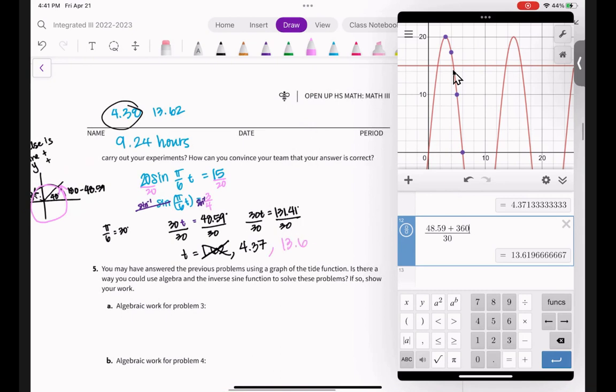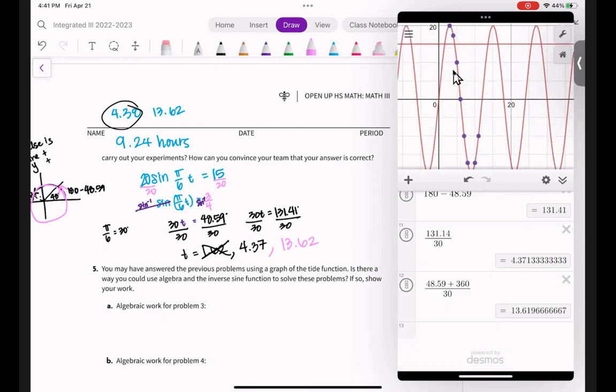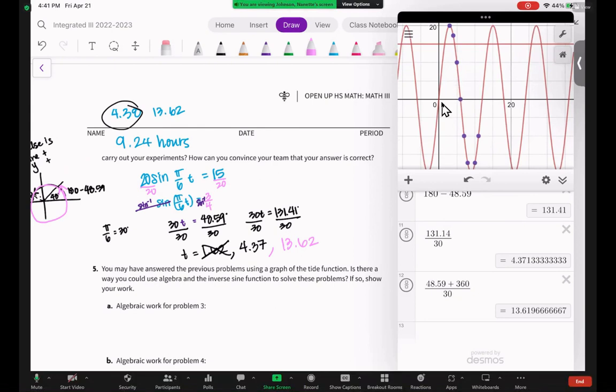Miss Johnson, how did you know to add a whole circle to it? Remember we have talked about the cycles of things, and the cycle of this one is going to go up high tide, low tide, midnight. Because we went through a whole cycle, that means we can go through another cycle.